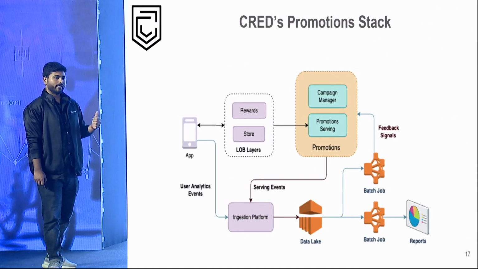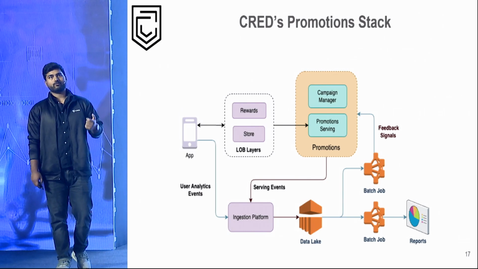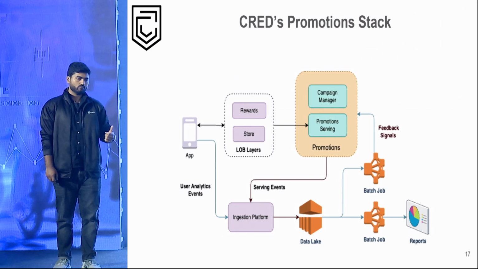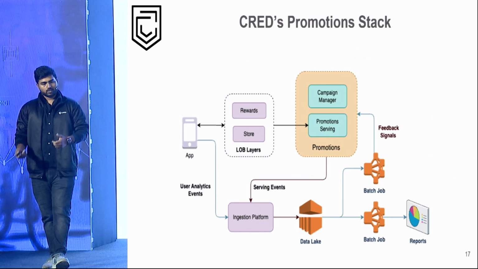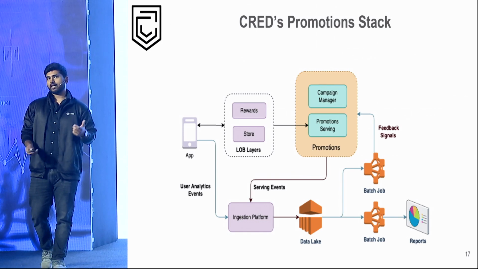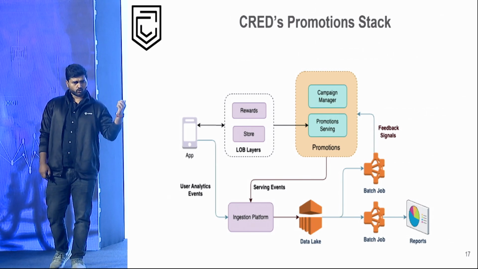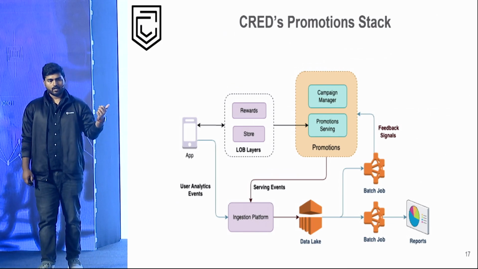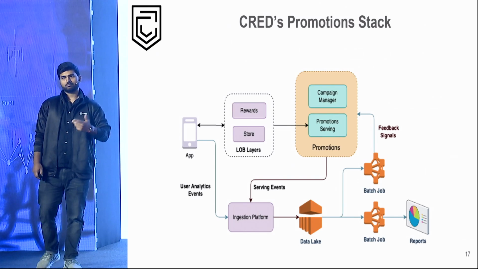I'll take one example, which is CRED's promotion stack, where we felt the need to use Aerospike, basically making our platform a bit more usable and having stream joins as one of the examples of the operators. In a nutshell, like any other promotion stack, it works like this. In CRED's context, LOB means line of business.